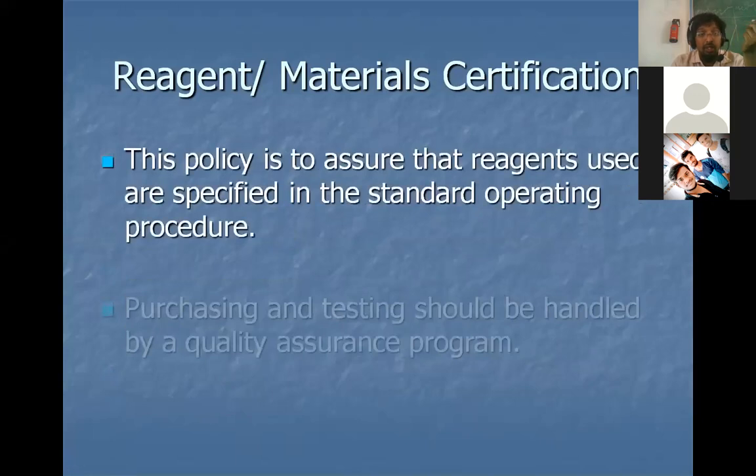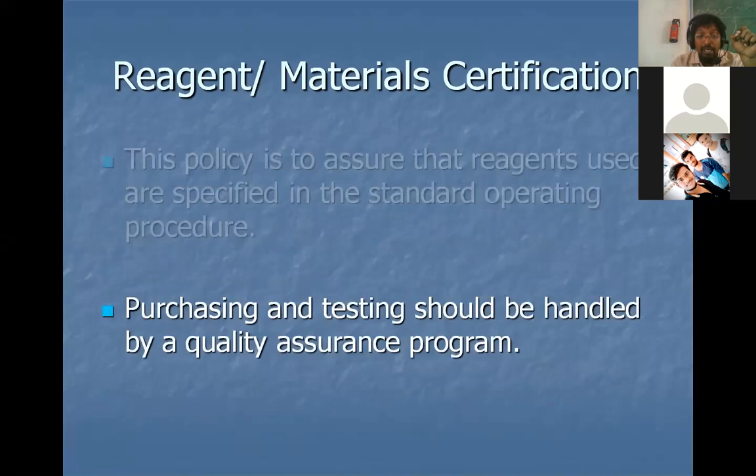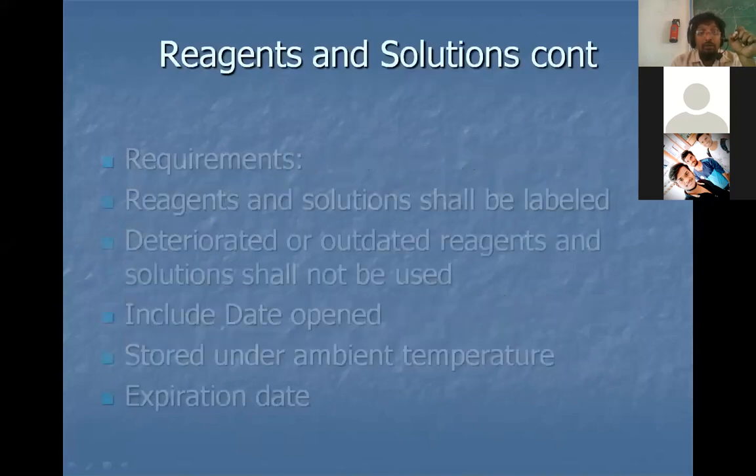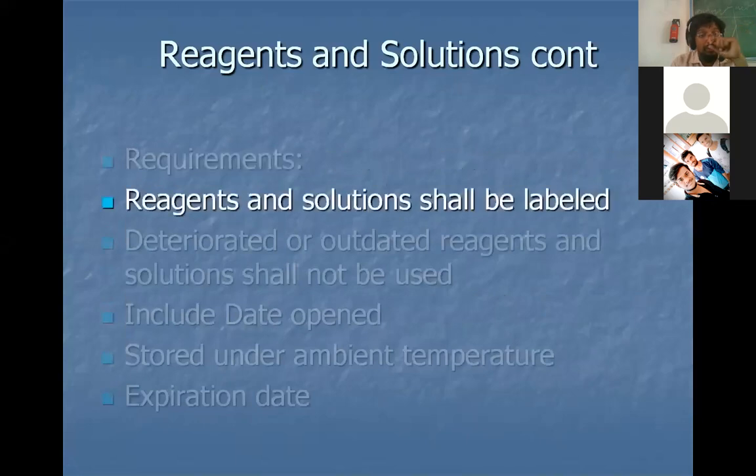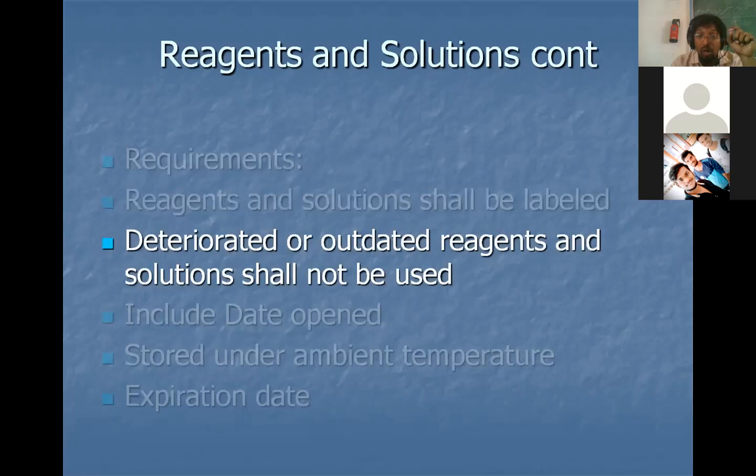And reagents and material certifications. This policy is to ensure that reagents used are specified in the standard operating procedure. Then purchasing and testing should be handled by the quality assurance program. Right? So reagents and solutions shall be labeled, and deteriorated or outdated reagents and solutions should not be used and should be discarded.